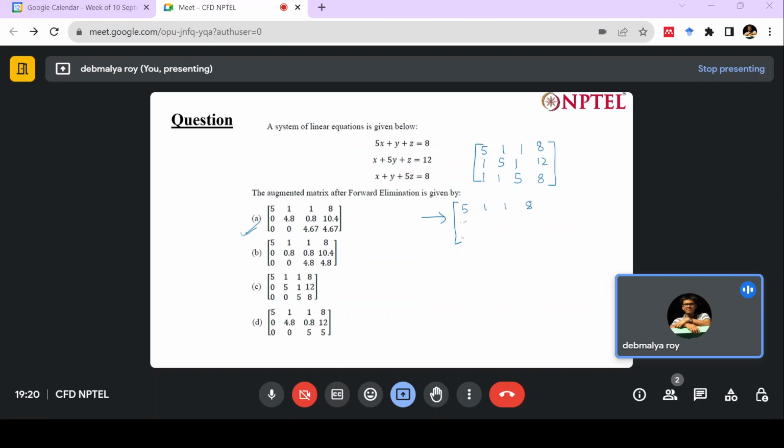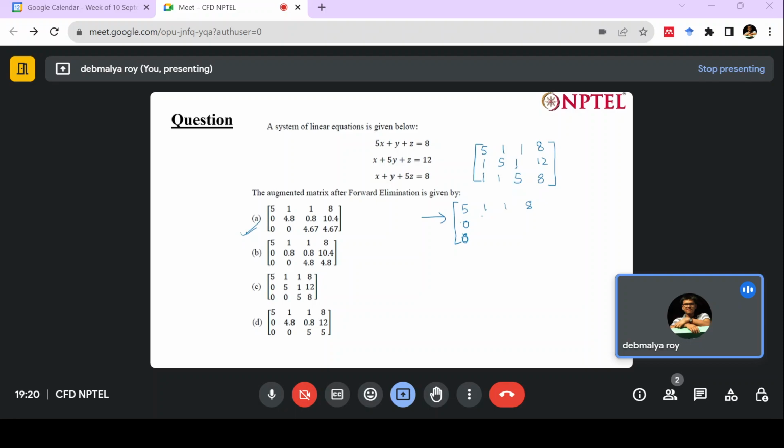In row echelon form, always these elements will be 0. Let's start with the second row. The second row has 1, and I am trying to make it 0. So I have to multiply 1 by 5 with the first row and subtract it from the second row, and that would yield the first element as 0.